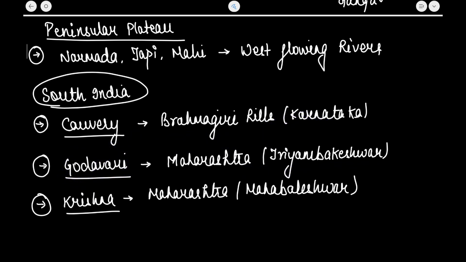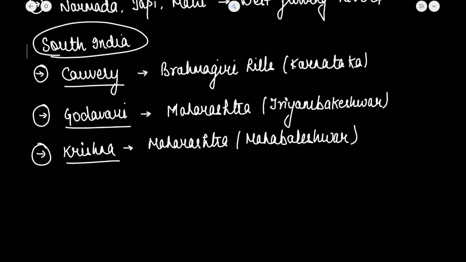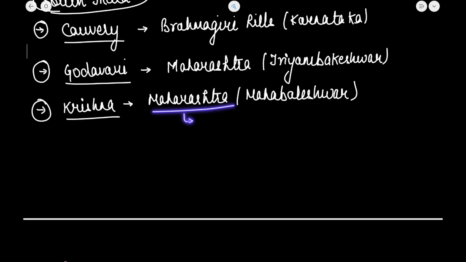If I talk about the river Krishna, it has its origin in Maharashtra, Mahabaleshwar. The states are Maharashtra, Karnataka, then Telangana, then Andhra Pradesh.